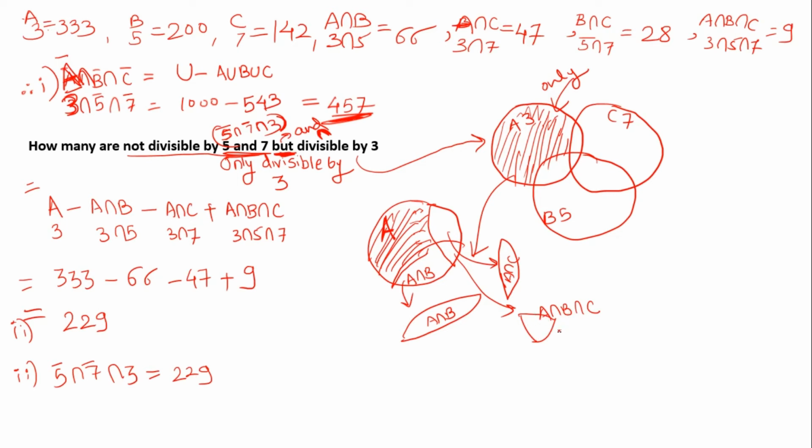So we are just adding it into this equation. So the equation will become A minus A intersection B minus A intersection C plus A intersection B intersection C. Put the values, you will get the answer, that is 229 numbers are there which are divisible by only 3 but not by 7 and 5.